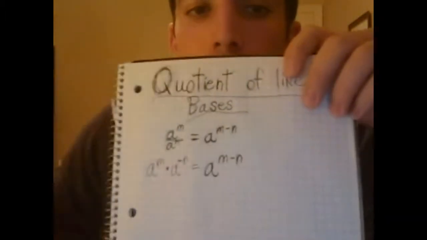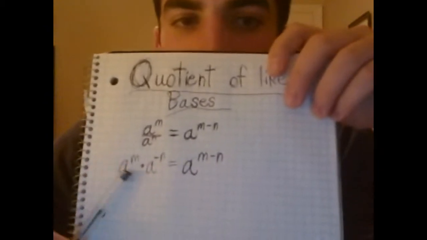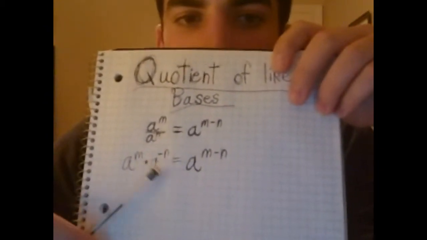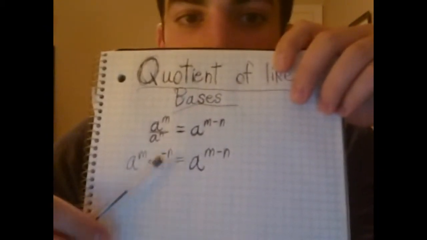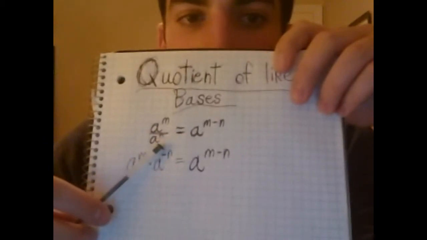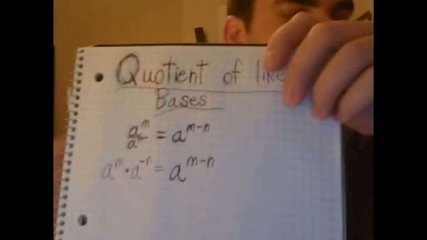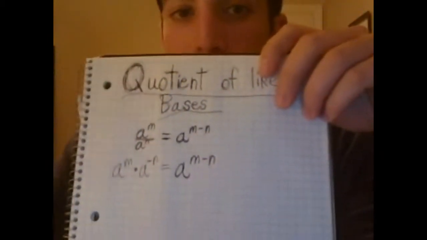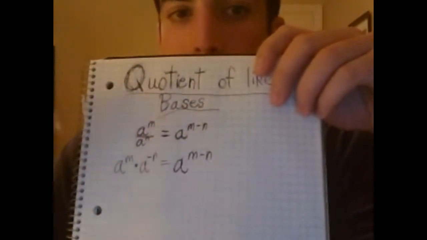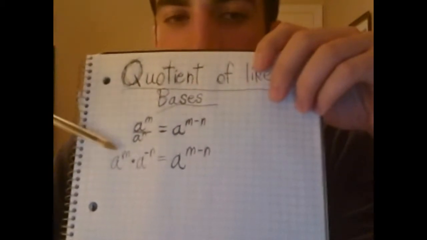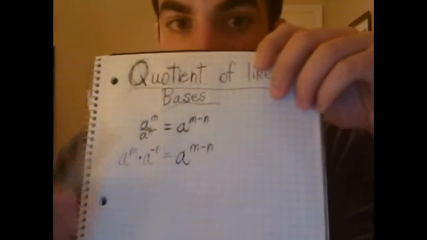First, I'm just going to tell you a to the m times a to the negative n is equal to a to the m over a to the n. I reached that conclusion by using my negative exponent rule backwards, but now I'm going to show you that they're equivalent by working it forwards.